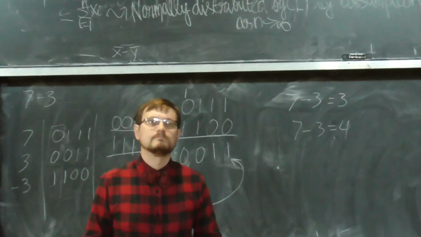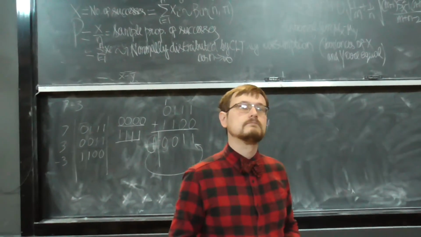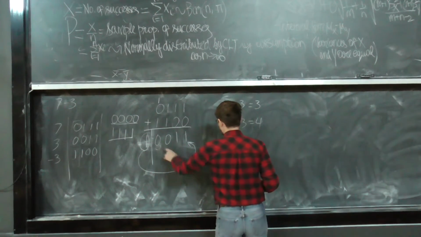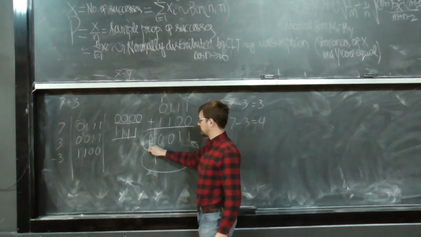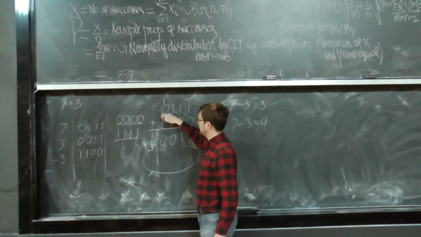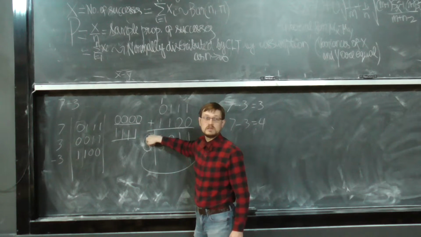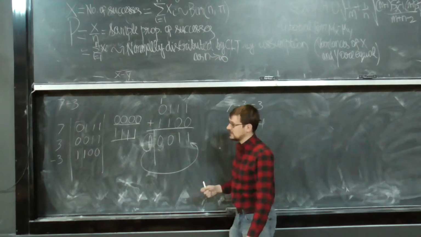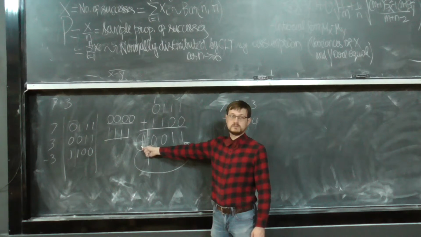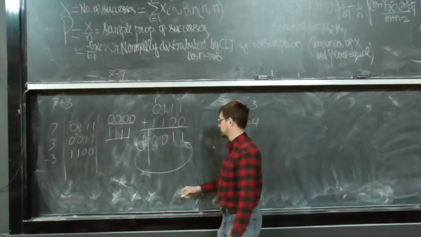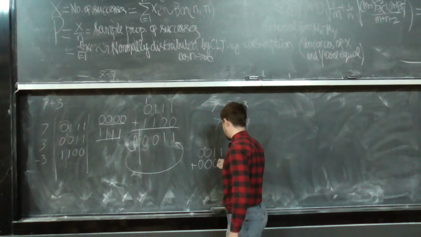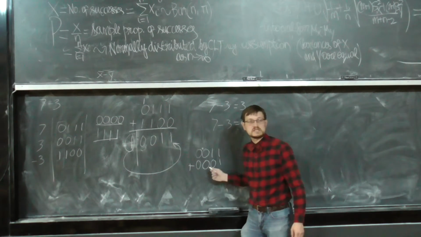Yes? I don't understand how you carried it over. Like, what were you doing with the carry one? You brought it around? So, my result that I ended up with was 0, 1, 0, 0, 1, 1. But this had a carry to the next place value, right? So, basically what I said is, in my algorithm, if this is 1, then I have to perform one more step, which is 0, 0, 1, 1 plus 0, 0, 0, 1, which is this carry bit.